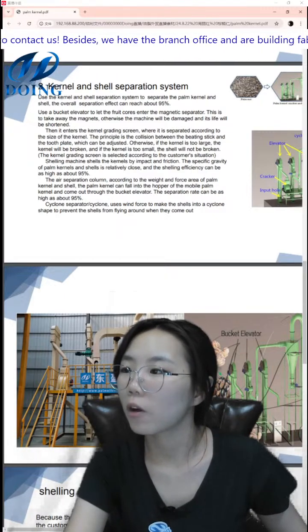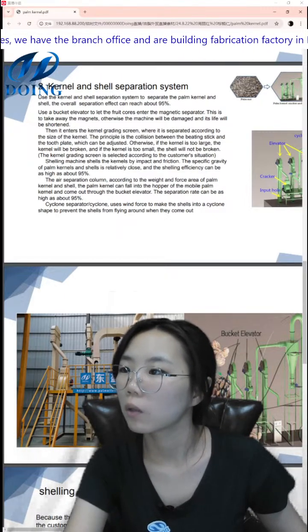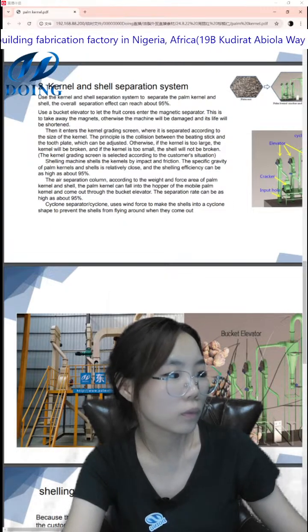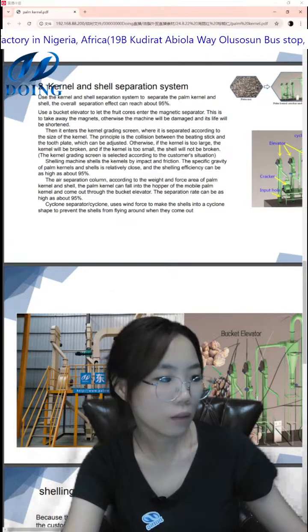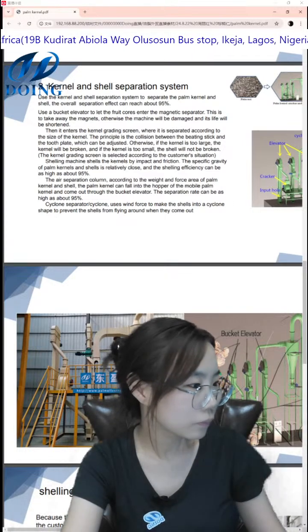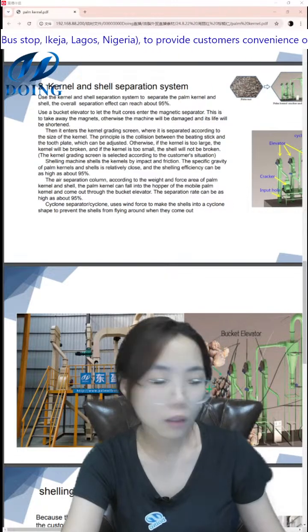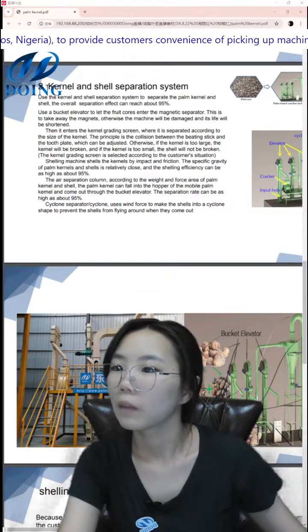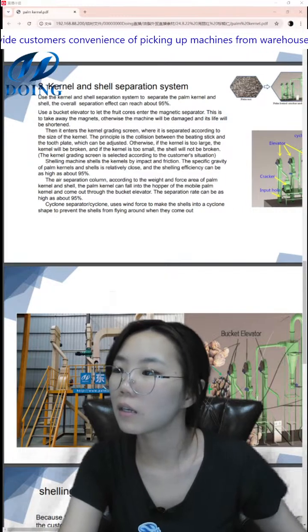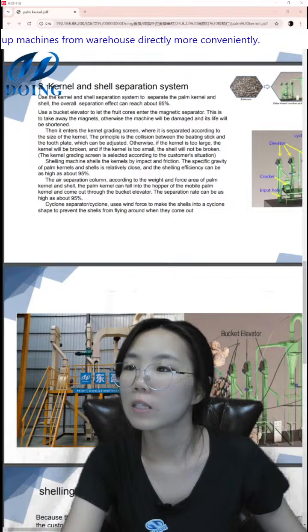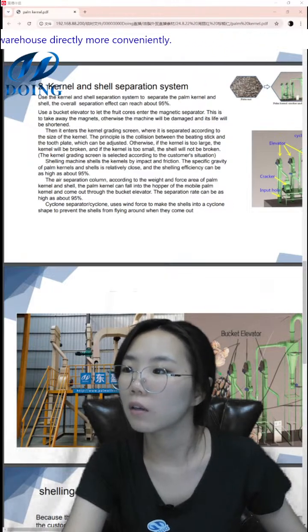Okay, the next part is the air separation cyclone, and we also call it the cyclone. The air separation cyclone works according to the weight and wind force of the palm kernel and shell.